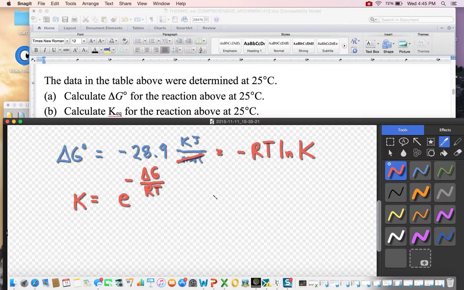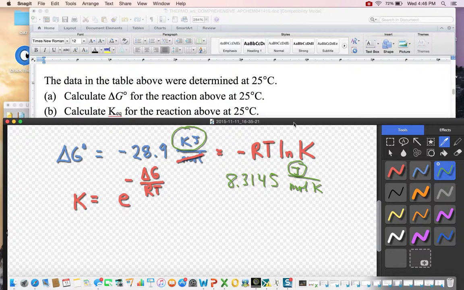However, the R constant that we're going to use is not the 0.0821 liter atmosphere per mole Kelvin, but rather 8.3145 joules per mole Kelvin. Because this is in joules and this is in kilojoules, we're simply going to multiply this by 1,000.